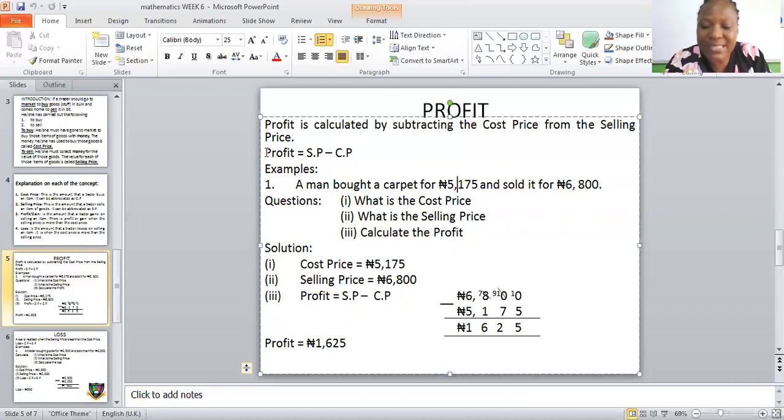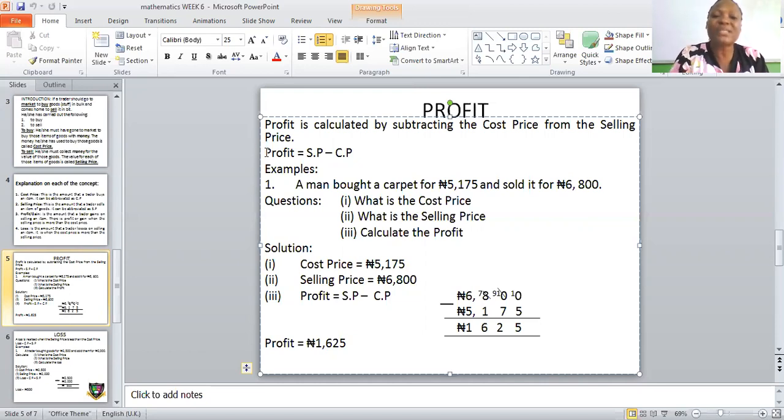Now the cost price in this question is 5,175 naira. The selling price is, the question says, and sold it. That's the selling price. The selling price is 6,800 naira. The third question: calculate the profit.